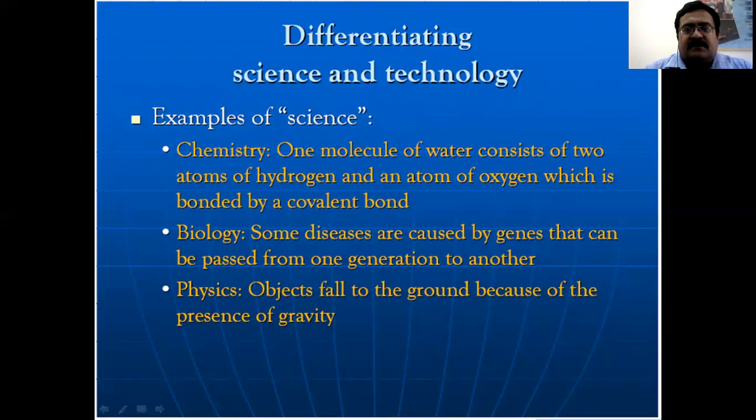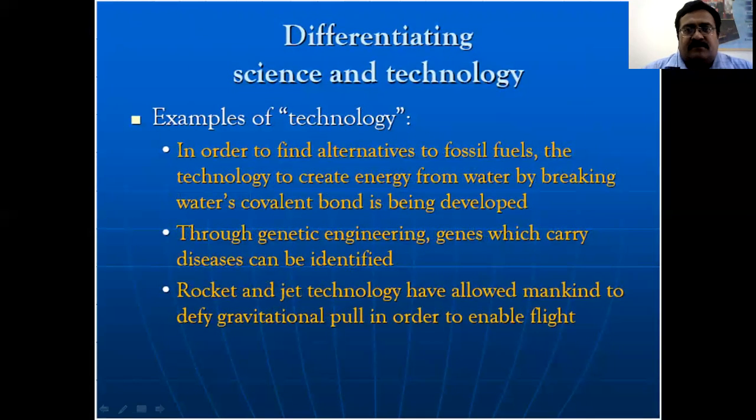In biology, some diseases are caused by genes that can be passed from one generation to another. In the case of physics, objects fall to the ground because of the presence of gravity. These are a few examples of science, and now a few examples of technology.